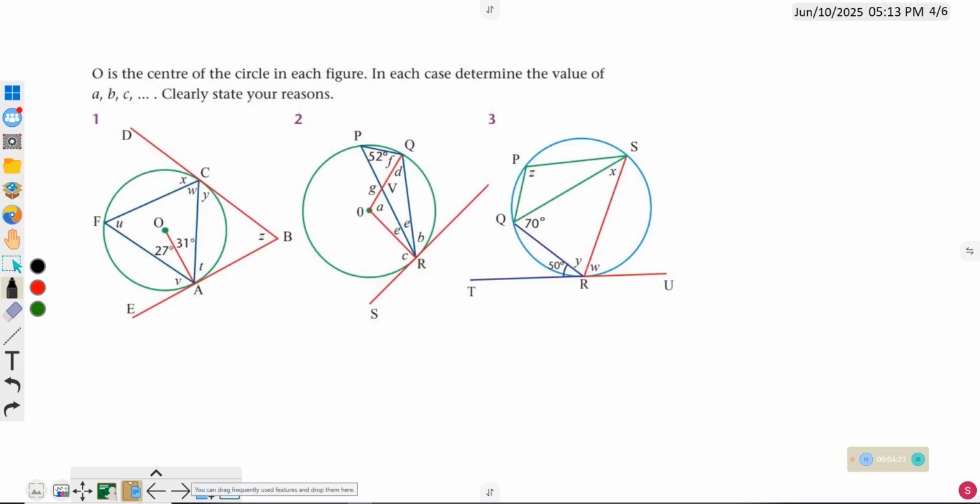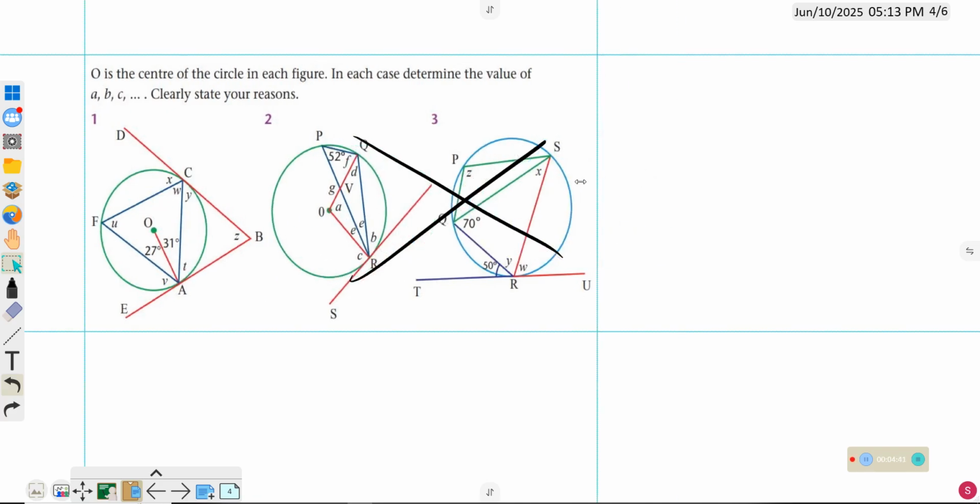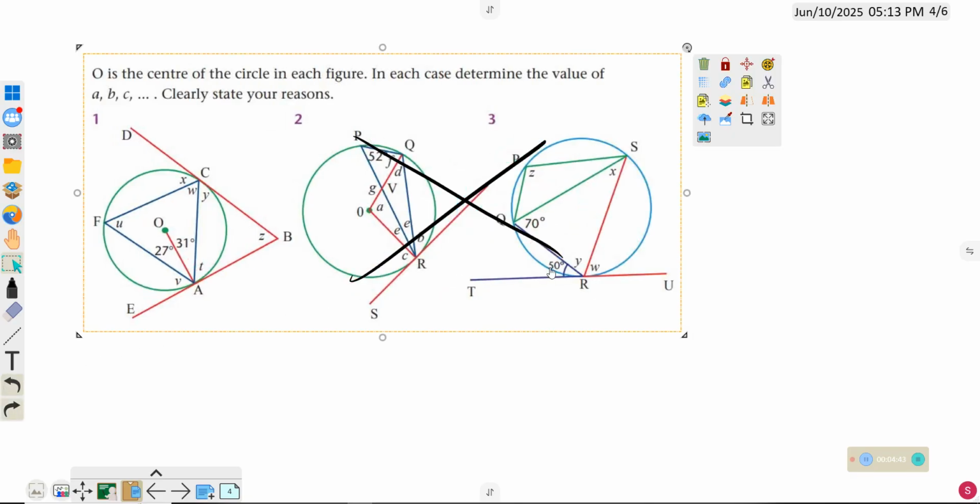Moving on, let's apply what we just learned. Remember this problem? We dealt with these two problems in the previous part. So let's just crop this one out. Let's just remove those two.